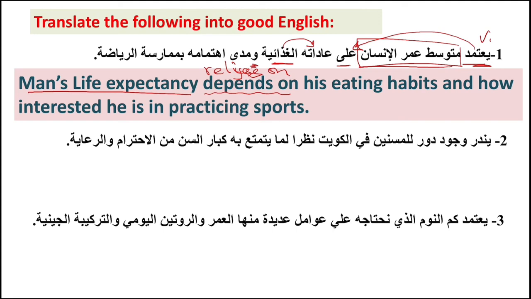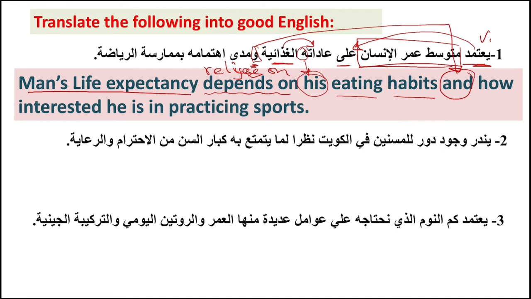عاداته الغذائية. Okay, here we have eating habits. Now I'm going to join the ha here with the pronoun his. I'm going to replace it with his, so it will be his eating habits. And you can use any word to join the sentences here. Wa is going to be and. How interested?